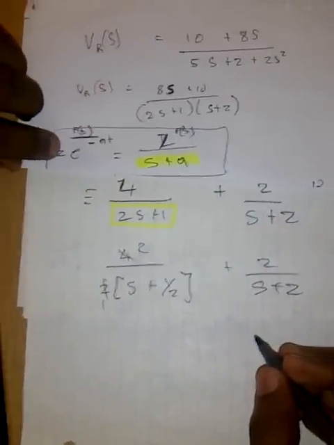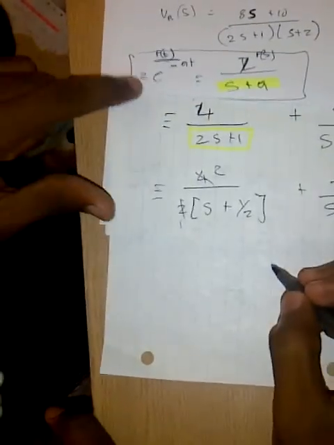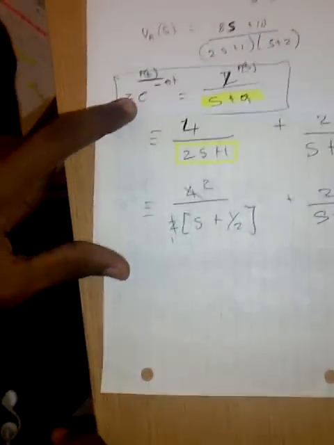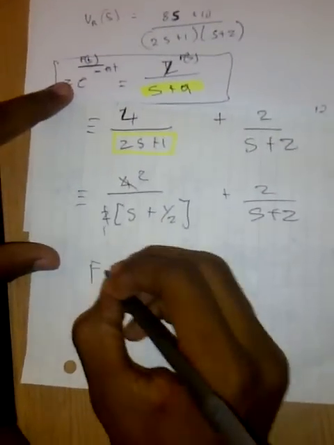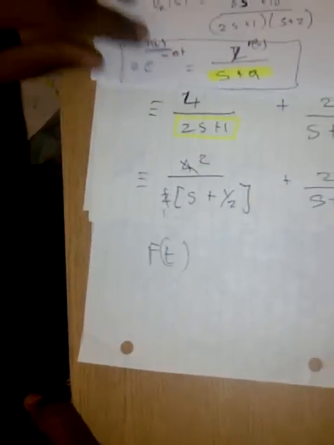Now, since we know that we need to get it to this form, let's try to get it to this form. This is now in f of s form, which is the Laplace form, and we need to get it to f of t. Therefore, we're going to use the table.